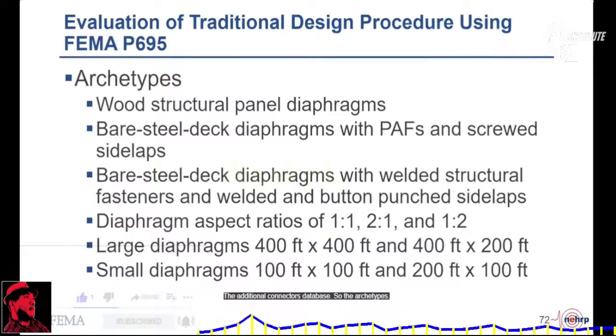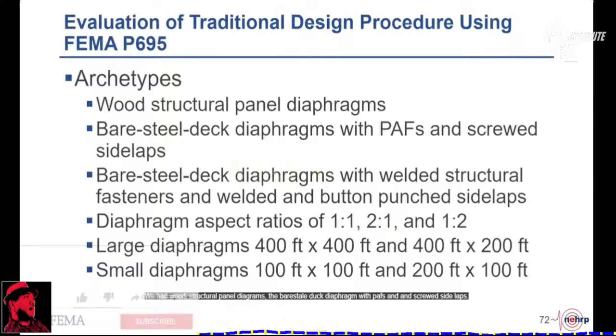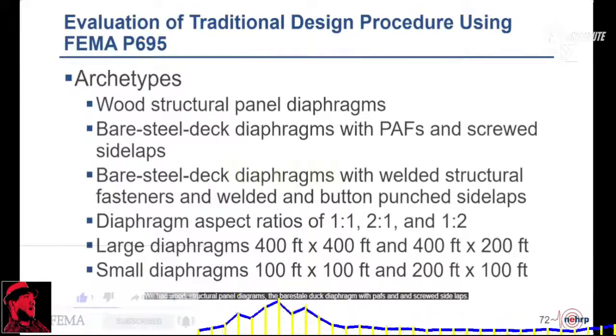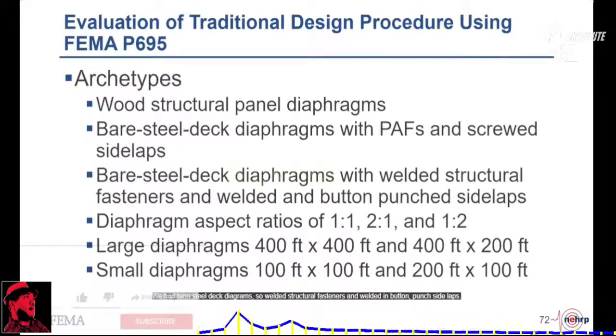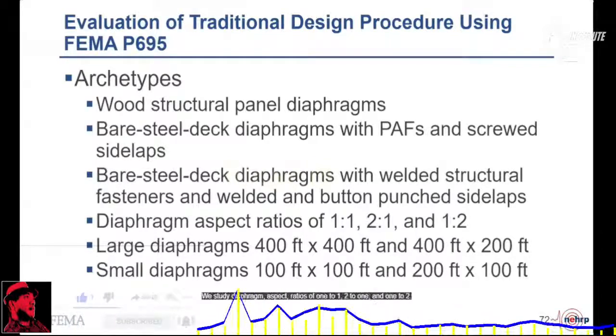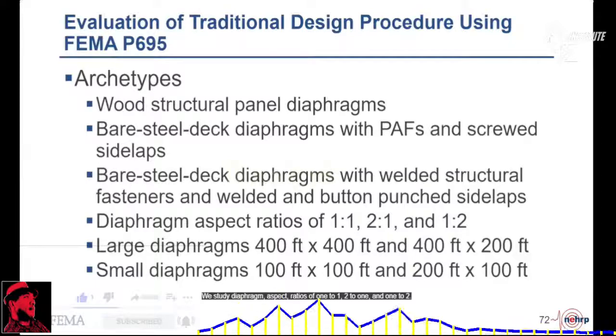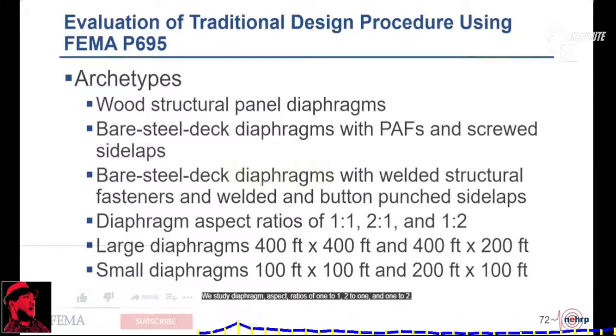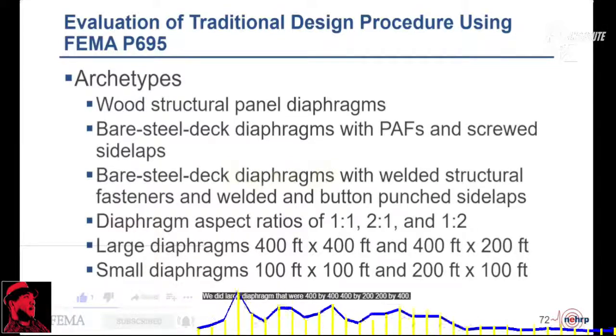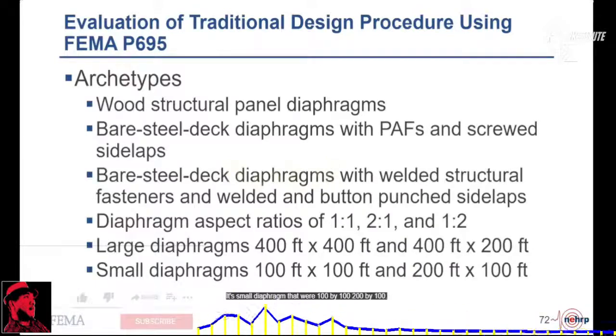The archetypes included wood structural panel diaphragms, bare steel deck diaphragms with PAFs and screwed side laps, and bare steel deck diaphragms with welded structural fasteners and welded and button punch side laps. We studied diaphragm aspect ratios of 1:1, 2:1, and 1:2. We did large diaphragms that were 400 by 400, 400 by 200, and 200 by 400, and small diaphragms that were 100 by 100 and 200 by 100.